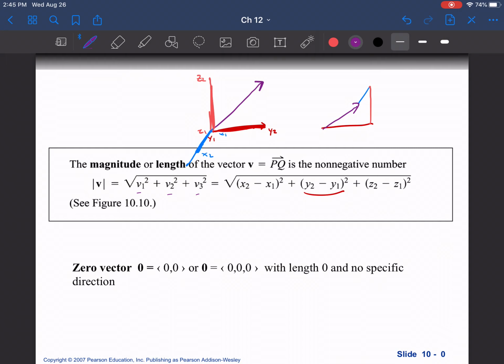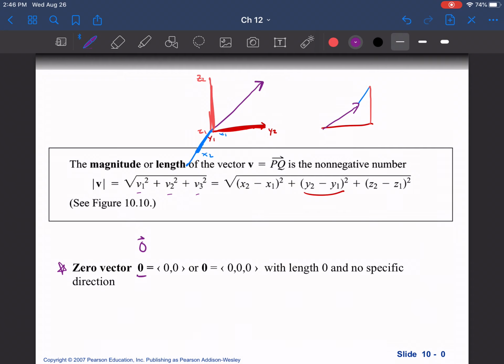Then you just do the Pythagorean theorem, the distance formula, on all of it, and you have the magnitude or length of the vector. Also take note that we have something called the 0 vector. That's essentially like the number 0, but you would write it as a 0 with an arrow above it because it has a dimension to it.